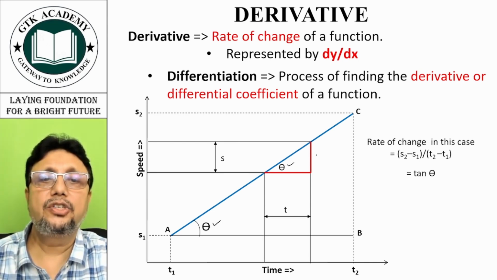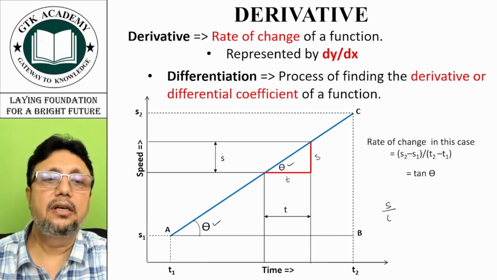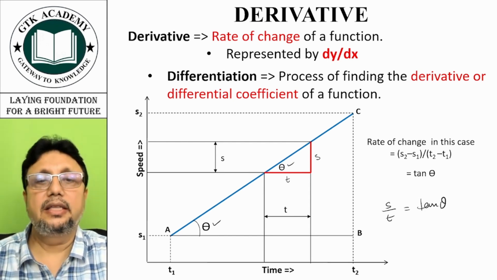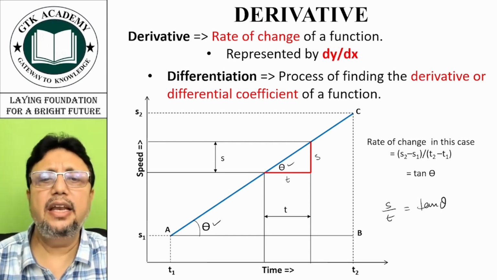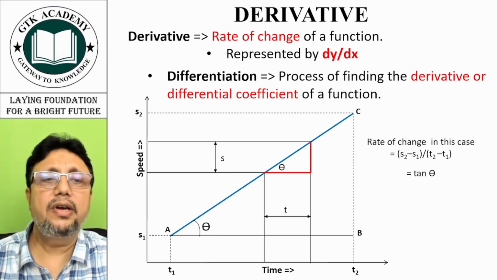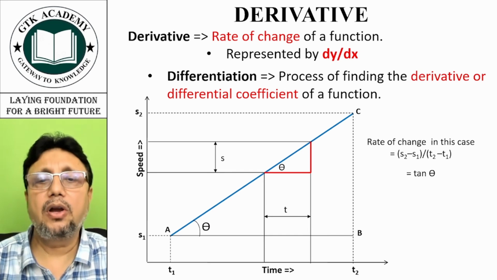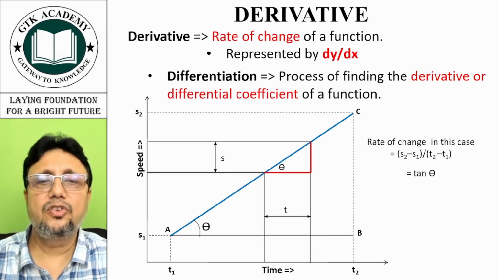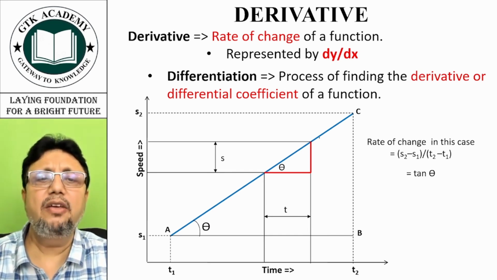So here the change in speed is s and time is t. So s upon t again is tan theta. That means you take any interval, the rate of change is always same because it's a straight line.